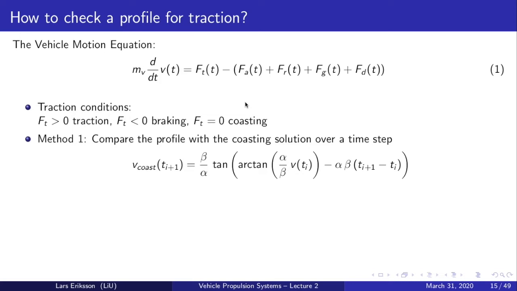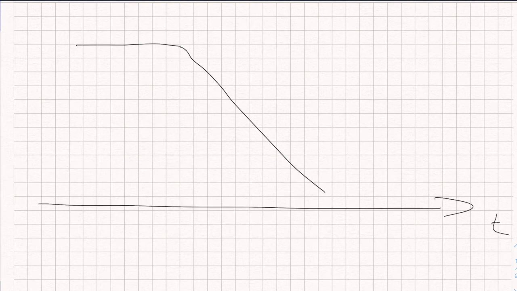To illustrate method number 1 here, we will use the following simplified sketch, where we have a speed profile over time. So we have velocity, and we are standing at this point. Then later the profile has some points that we should pass through.